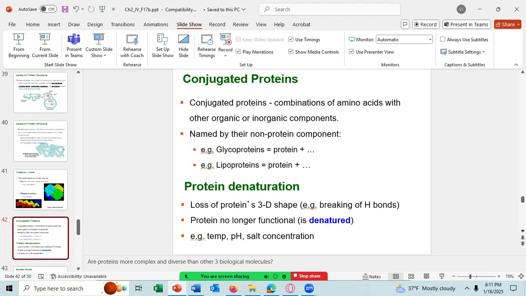When we're talking about proteins, if the protein has its 3-dimensional shape that it's supposed to be in, then the protein can be functional.